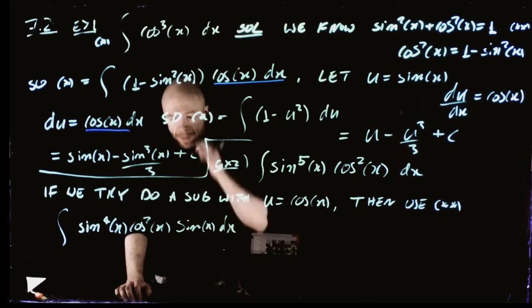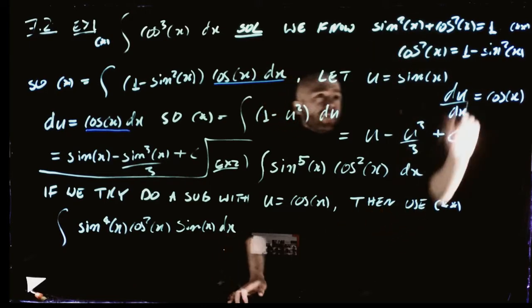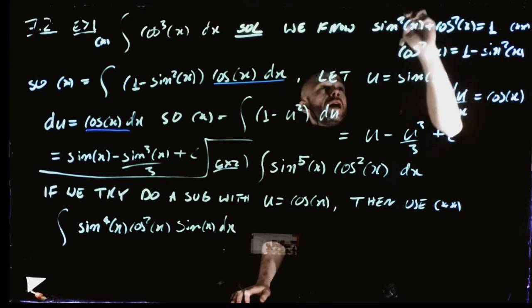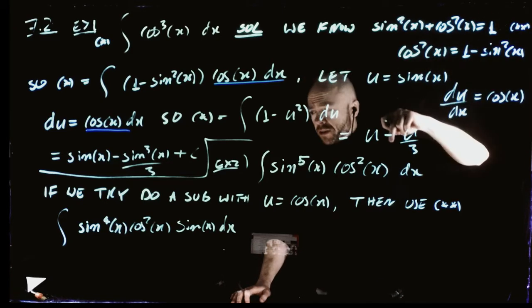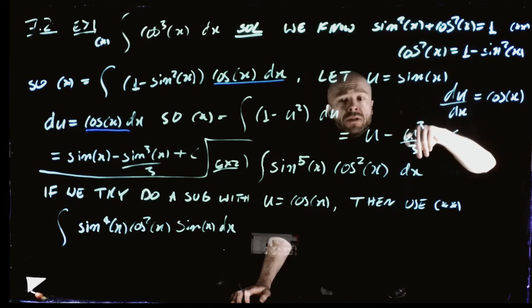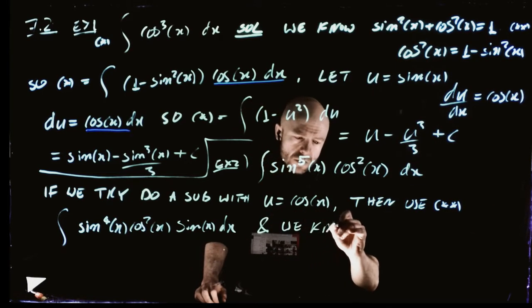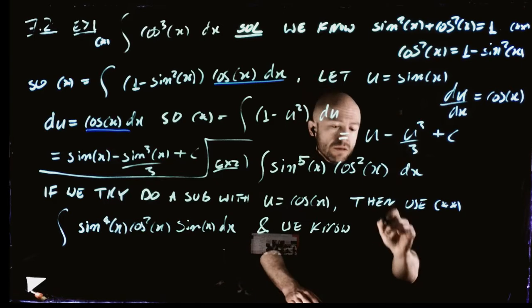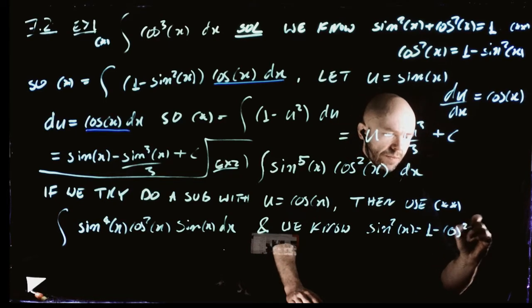This identity also gives us that sine squared of x is 1 minus cosine squared of x.